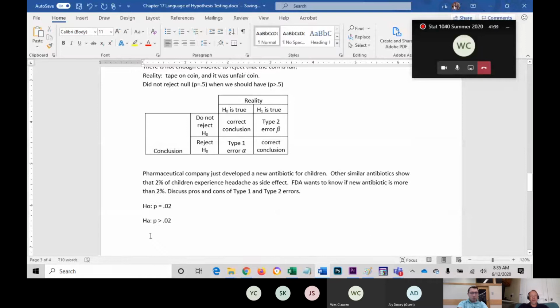So I'm going to throw this out for anybody. Type 1 error generically is to reject the null when you shouldn't. So in the context of this problem, what does that mean?